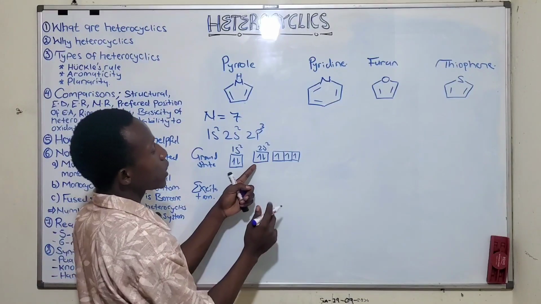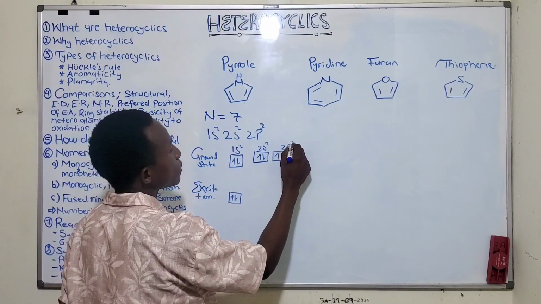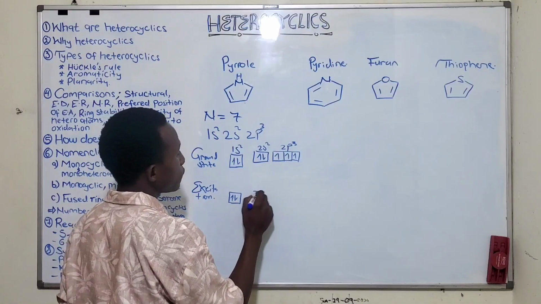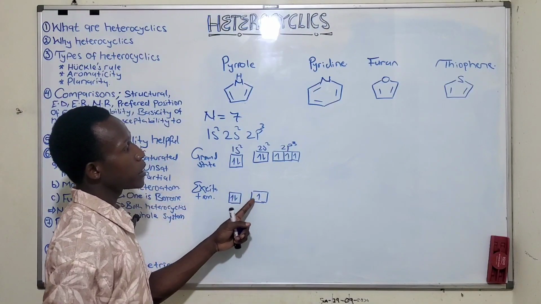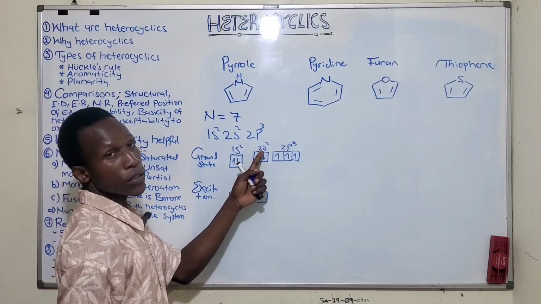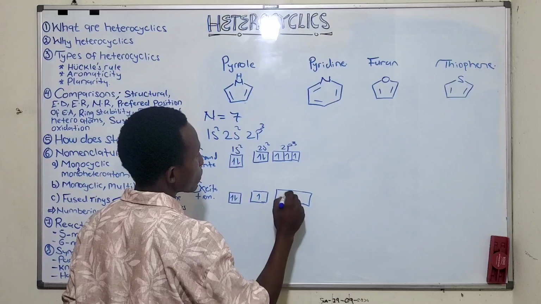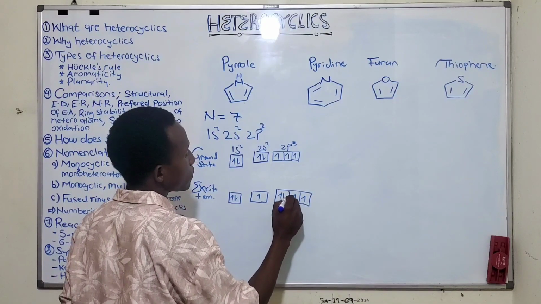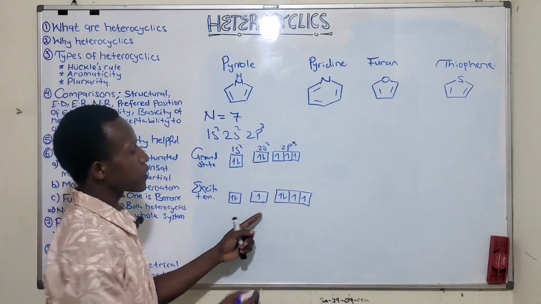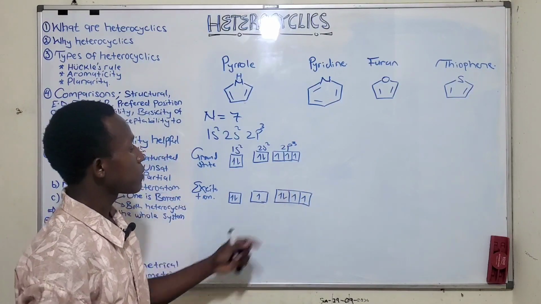Then 1 electron from the 2s will shift to the 2p orbital. So we shall have 1 electron remaining at the 2s, and then we have this. This is the p orbital.